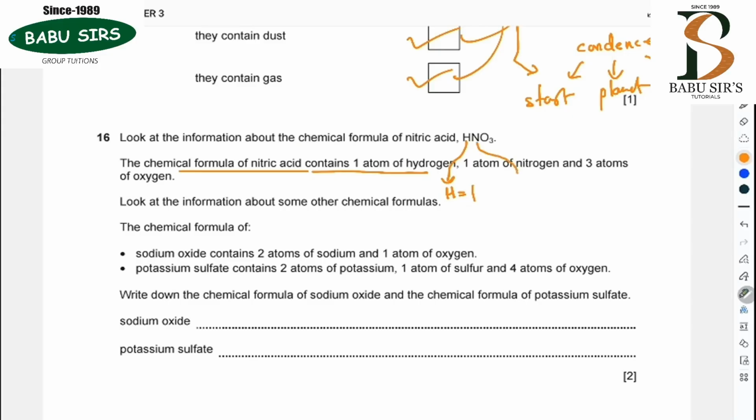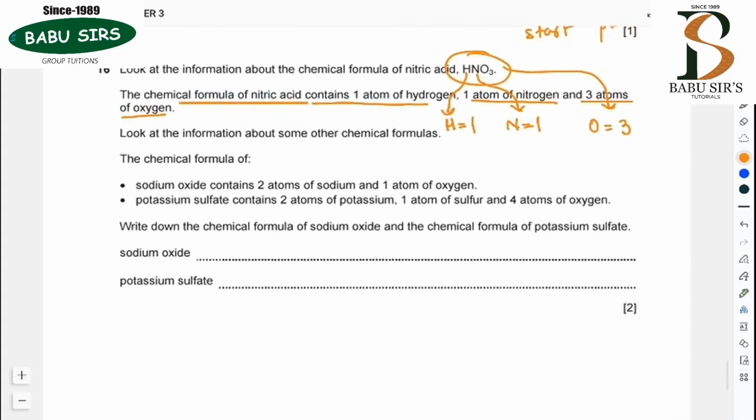Here you can see that the second part is N. N is also 1. So here it is written one atom of nitrogen. And when you check O, O is 3. So here it is written 3 atoms of oxygen. So how many atoms are there? You can see the formula of this and you can identify.